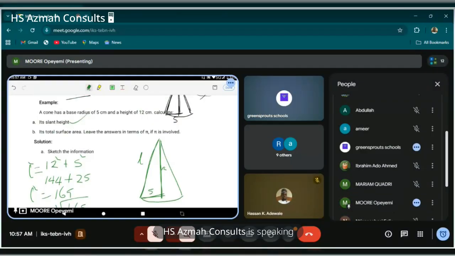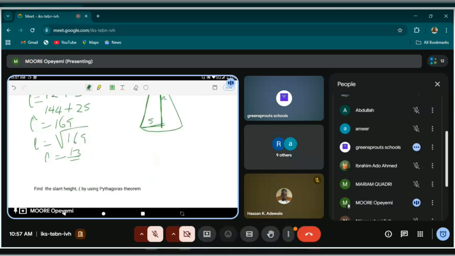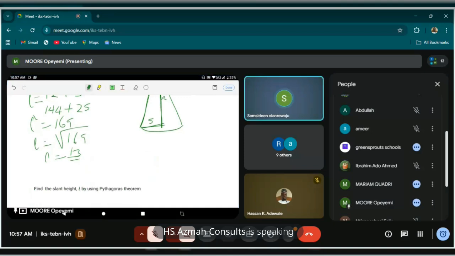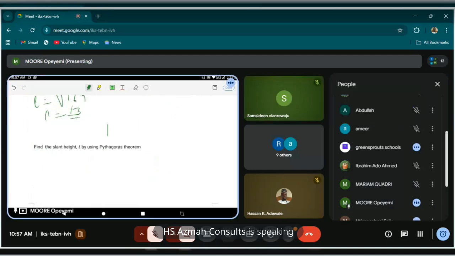That is question A. Question B is calculate its total surface area. Who can remind us the total surface area of a cone? πrl plus πr². Okay, thank you. I told you here it requires the formula. So we have πrl plus πr².